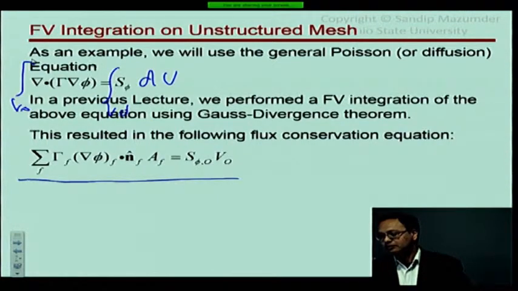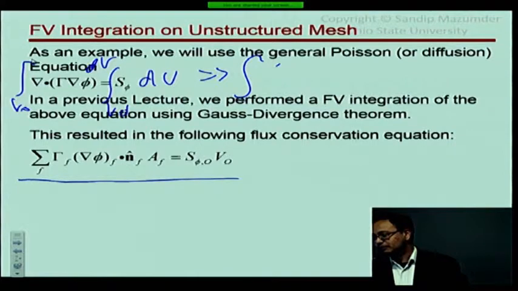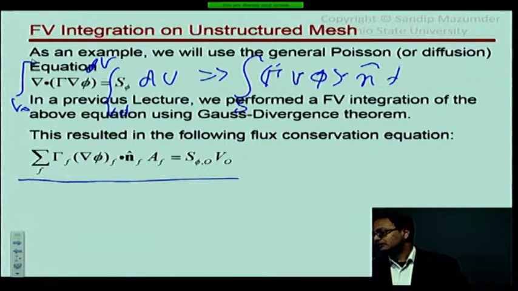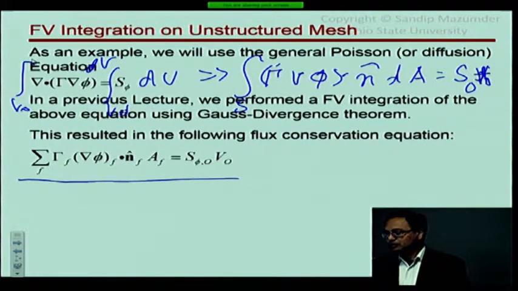Then the left-hand side will simply become a surface integral of gamma grad phi dotted with n dA, and the right-hand side will simply become S naught times V naught. This is then represented by a summation over the discrete faces of the control volume.